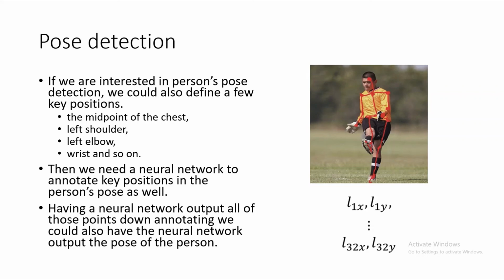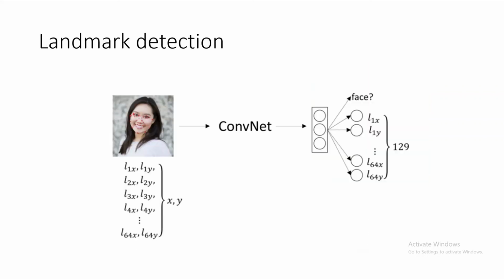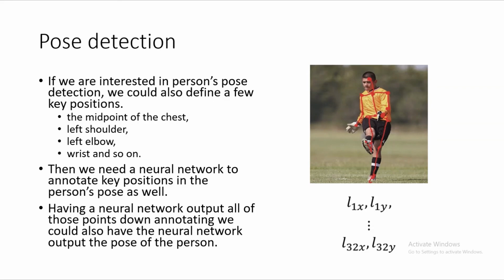Using that object localization, by modifying a little bit the output of the localization model, we can use it for landmark detection. And by using the knowledge of landmark detection, we can use the model for pose detection. In this way we can use this convolutional neural network for different applications in computer vision. And in the next video we'll be discussing object detection in more detail.